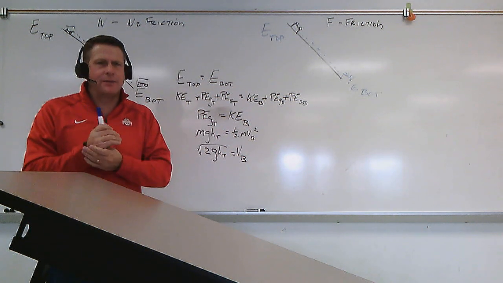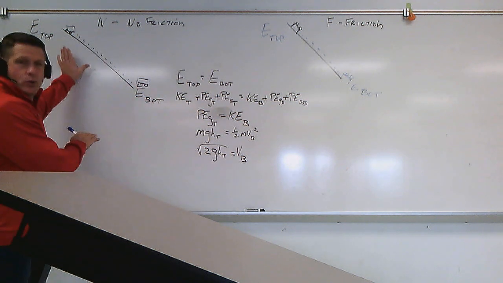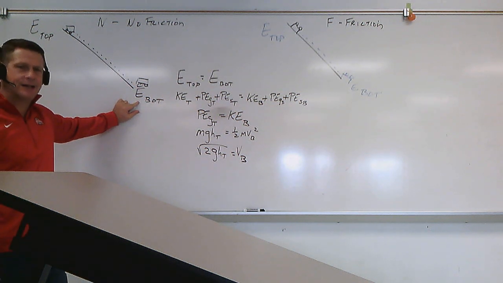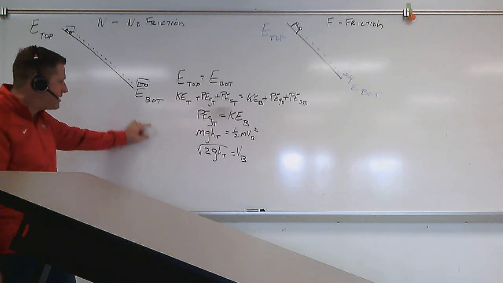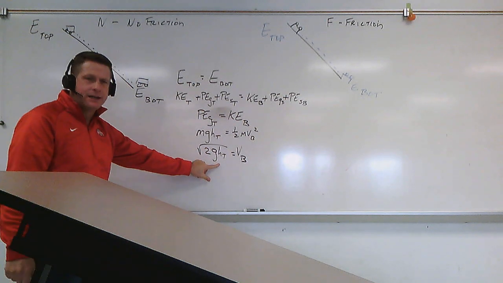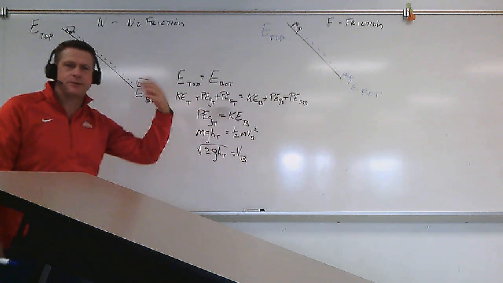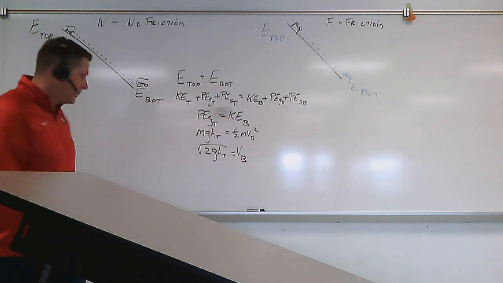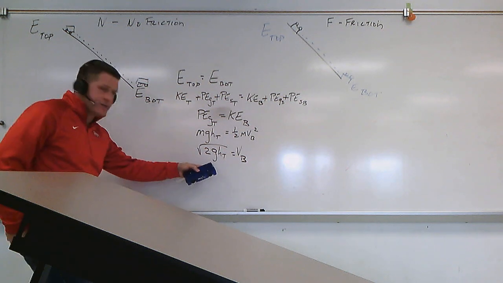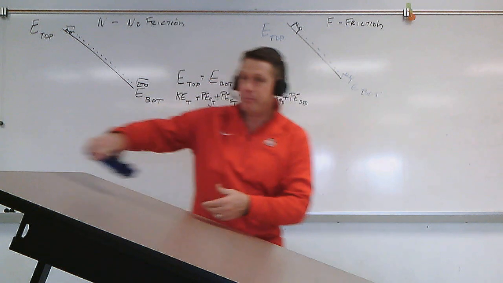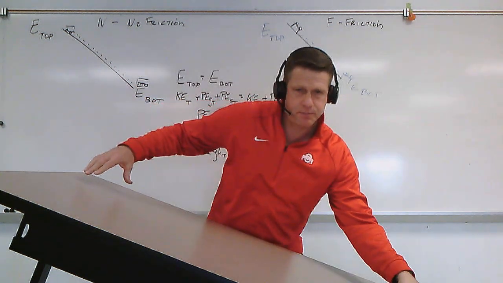Well, in the earlier situation, the energy at the top was equal to the energy at the bottom, which played out in a speed equal to the square root of 2 times g times the height at the top. But clearly, this speed with the wheels is bigger than this speed here.